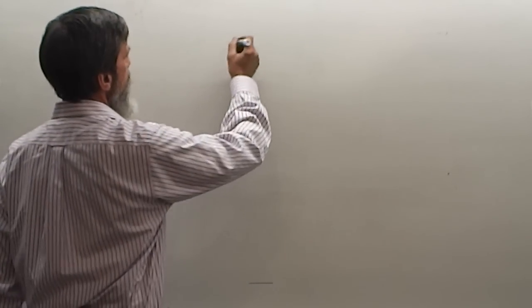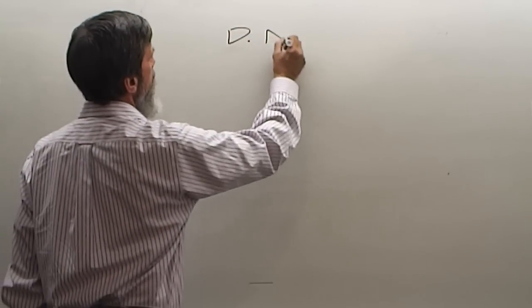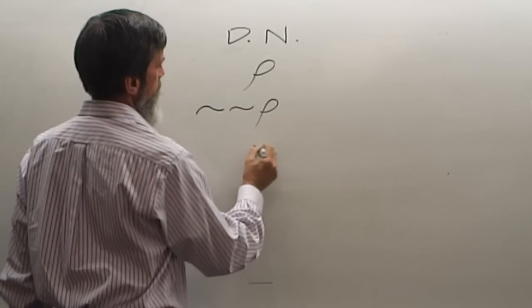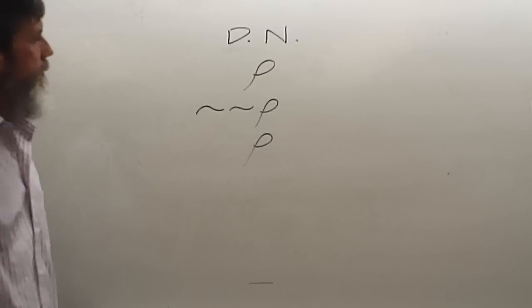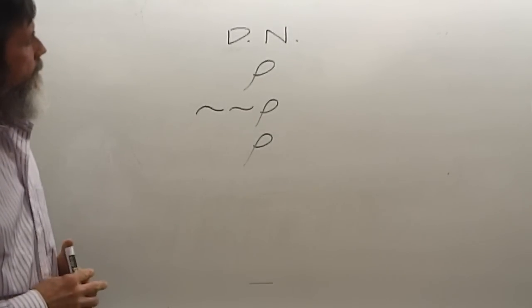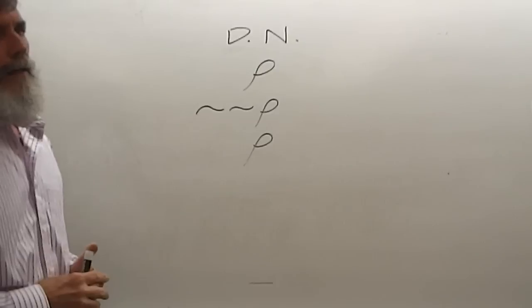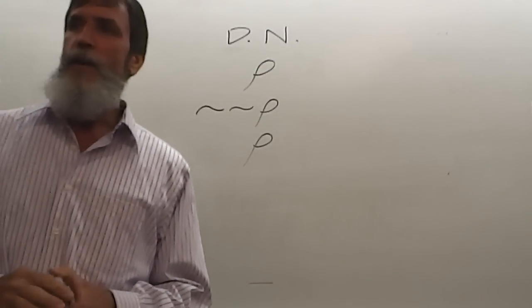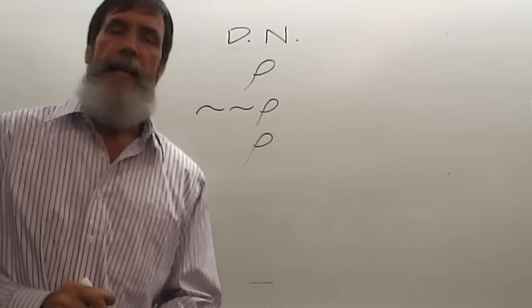So next up is double negation. We'll describe double negation simply as adding or removing two curls from any statement.